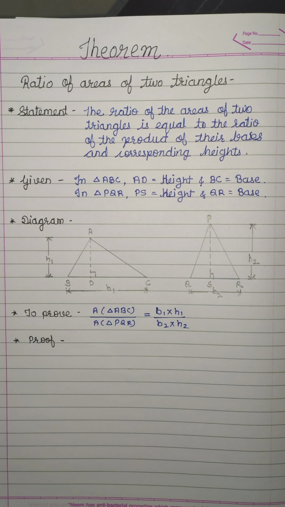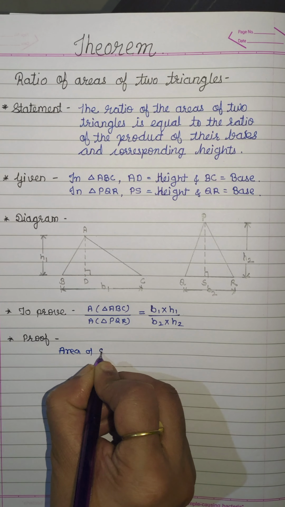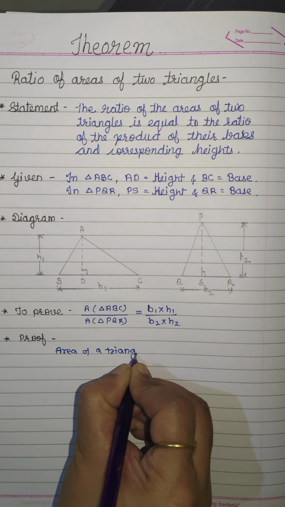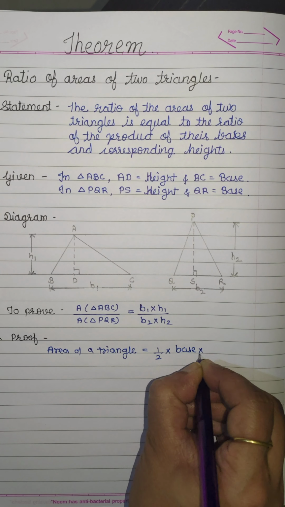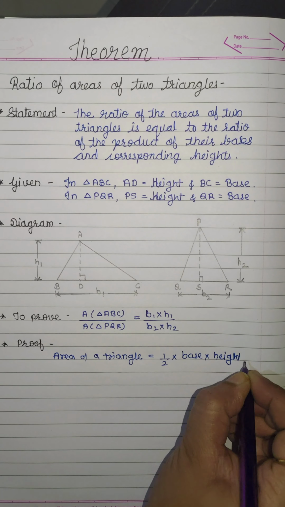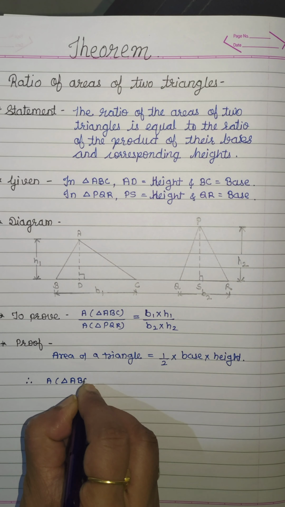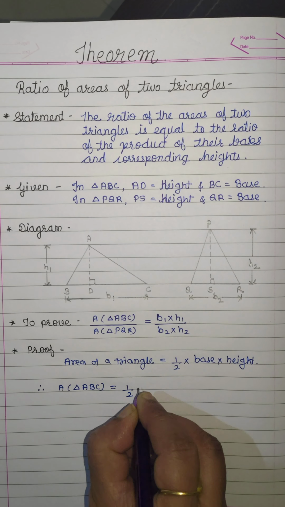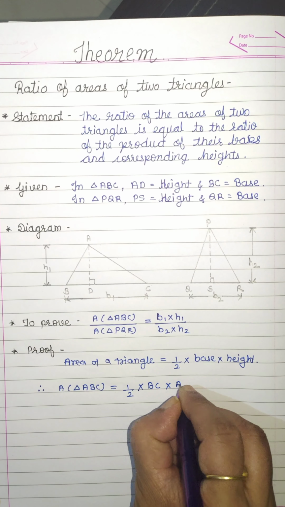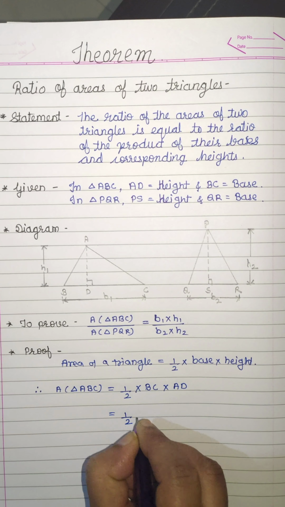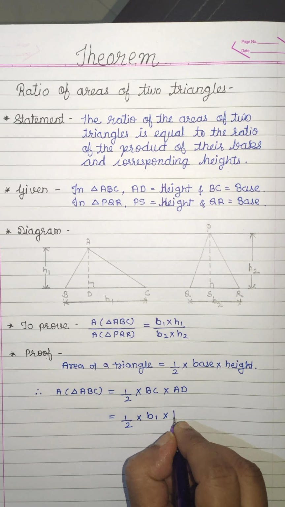So we will see how to prove it. Students, we know that area of a triangle is equal to 1 upon 2 into base into height. Therefore, area of triangle ABC is equal to 1 upon 2 into base BC into height AD, which is equal to 1 upon 2, BC indicated by B1 and height AD indicated by H1.